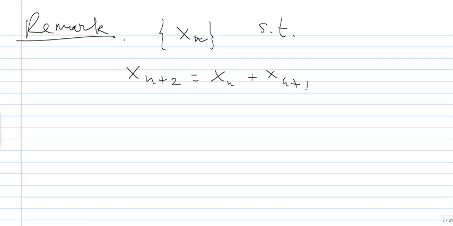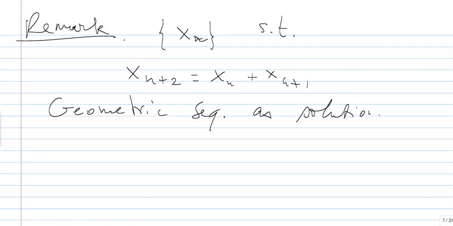That's what we have here basically. And of course, if we assume that the first two numbers are equal to 1, then we have the Fibonacci sequence. But what I'm trying to say here is, when do we have a geometric sequence as a solution?